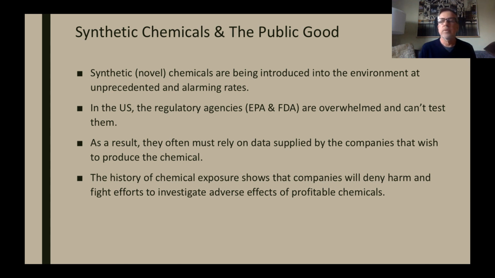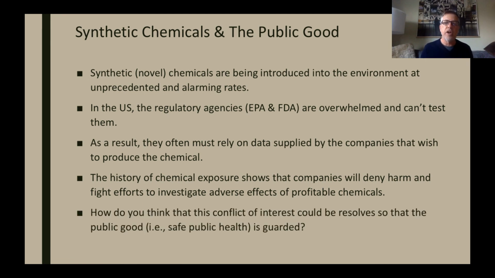Wouldn't it be better, perhaps, to put off introducing chemicals until we know what their effects are? At any rate, how do you think this conflict of the public interest could be resolved so that public interest and public safety is guarded? What do you think would be the best way to move forward?